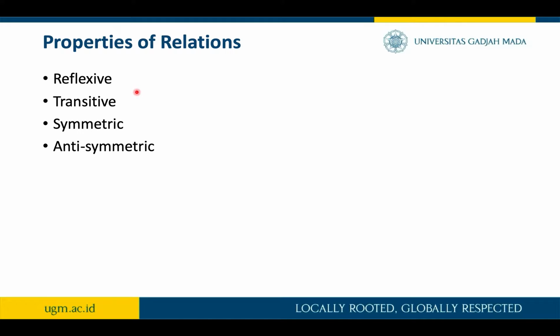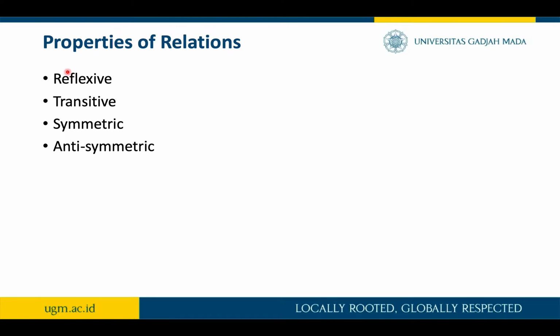So in this case, a relation can have these properties or not. So actually this will be the basis of properties to determine whether the relation is an equivalence relation or maybe a partial ordering.